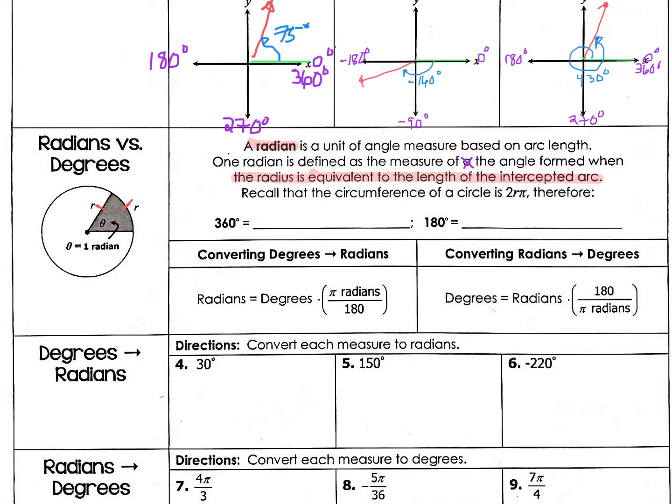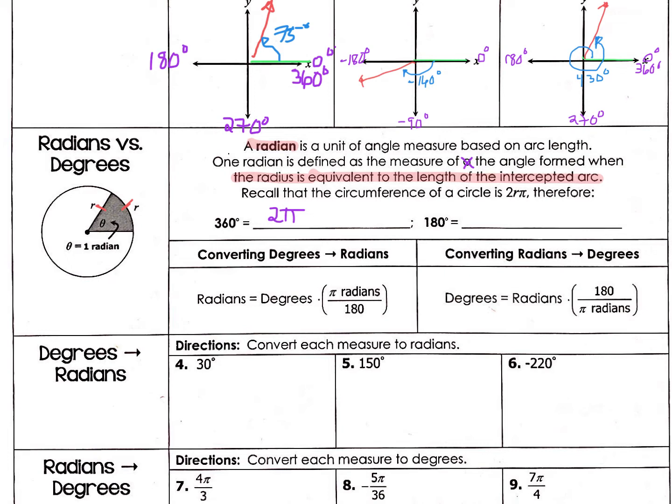So 360 degrees all the way around the circle is 2 pi r, because the circumference of a circle is 2 pi r. So we're going to say 2 pi because we assume that our radius is 1 unit of measure.